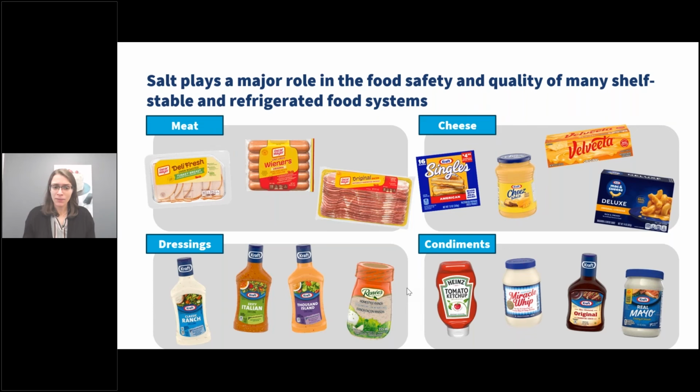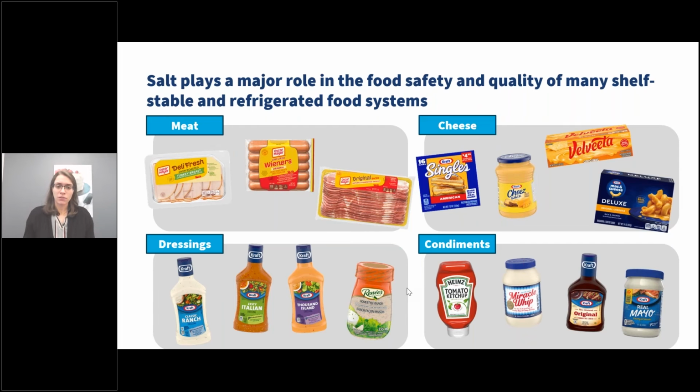Even in dressings and condiments, salt plays a role across creamy and oil-based dressings, ketchup, barbecue sauce, mayonnaise, and sandwich spreads. While the food safety of each of these products is a factor of many of its attributes, including but not limited to water activity, pH, and preservation ingredients, as well as how it's processed, including handling, cook, and package fill temperatures and pressures, salt levels may be one of the many contributors to a product's overall food safety profile, allowing it to exist in its designed format.